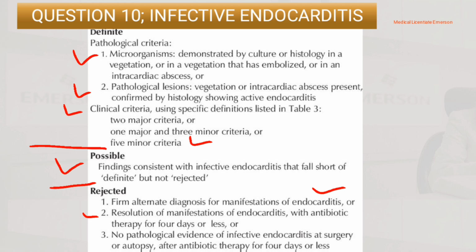So if they resolve within 4 days, even if you made a definitive diagnosis, you have to reject the diagnosis. Then the last rejection criteria is when there is no pathological evidence of infective endocarditis at surgery or autopsy, or after antibiotic therapy for 4 days or less. That is the infective endocarditis definitive, possible and rejected criteria.